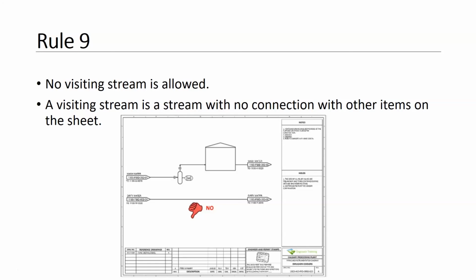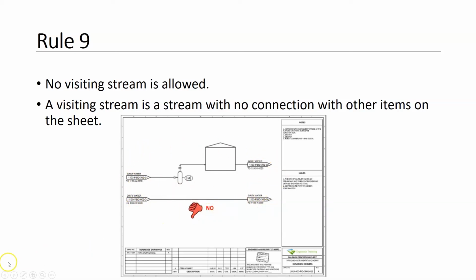Following rule number 9, make sure there is no visiting stream on your PFD sheet. A visiting stream is a stream with no connection with other items on the sheet. For example, in this example you see that there is a visiting stream which comes and leaves the diagram without any connection with the major process on the PFD sheet.